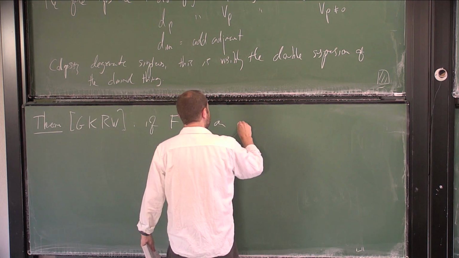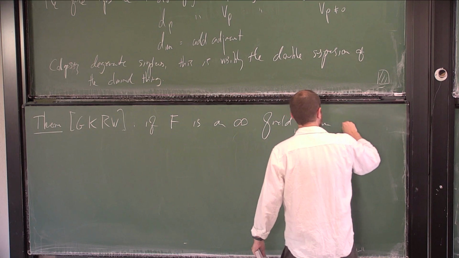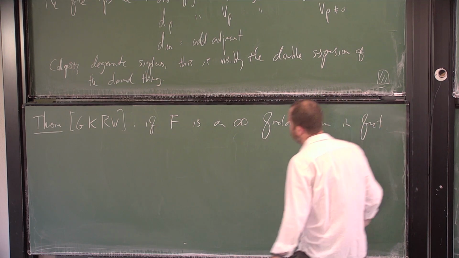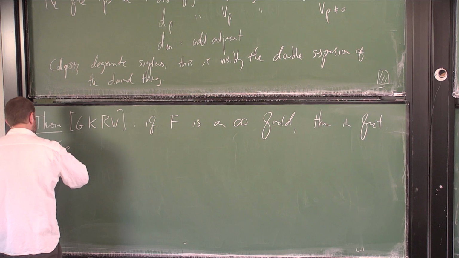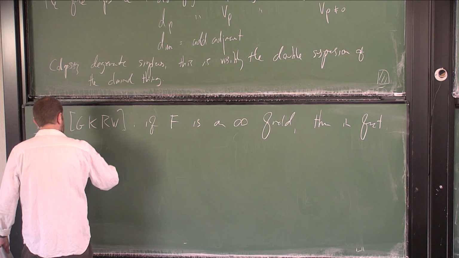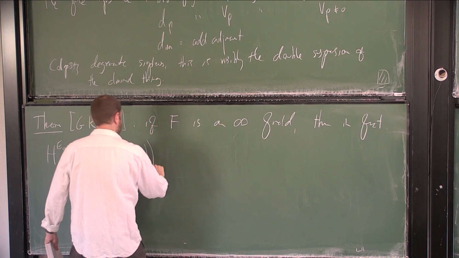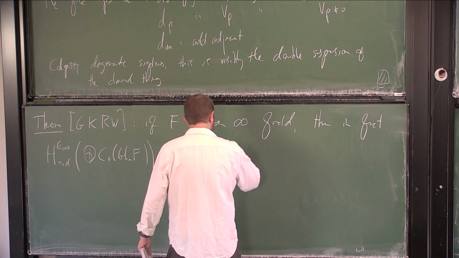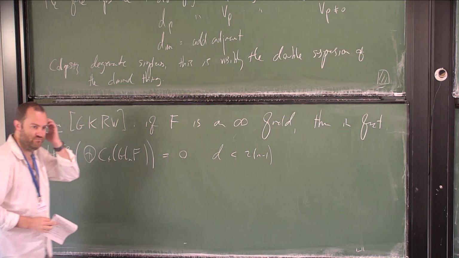Let me just say the conclusion. If F is an infinite field, then in fact something much better is true. In fact, this is 0 for d less than 2 times n minus 1.